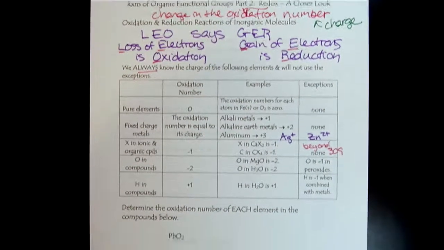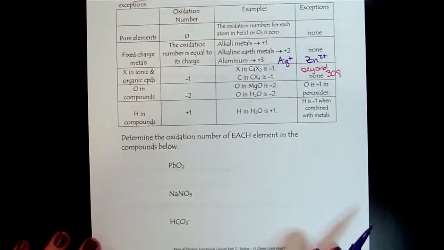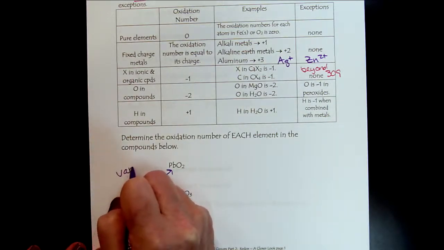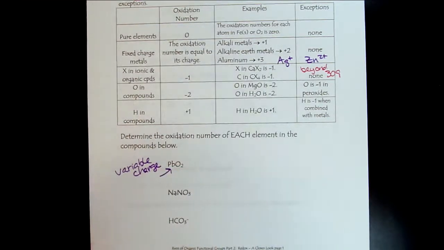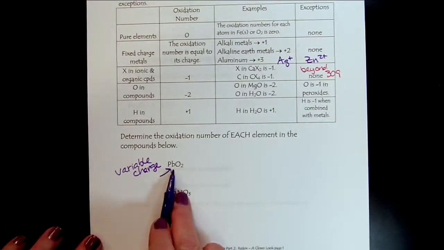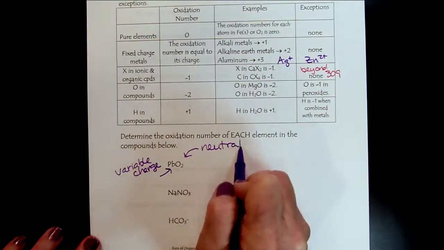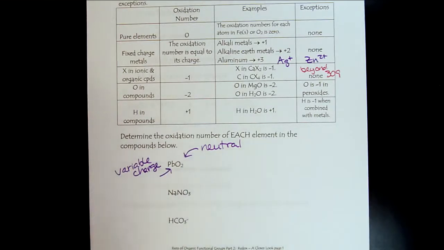All right. So the first thing we need to do before we can go to reactions is feel comfortable with compounds. You guys are already really good at figuring out the oxidation state. Lead is a variable charge metal, and we've been practicing this all along. If we look at this compound, this is a neutral compound, so we know that the cation and the anion need to add up to 0.